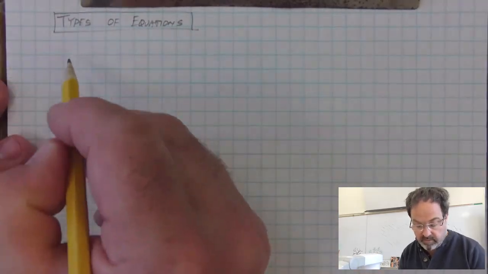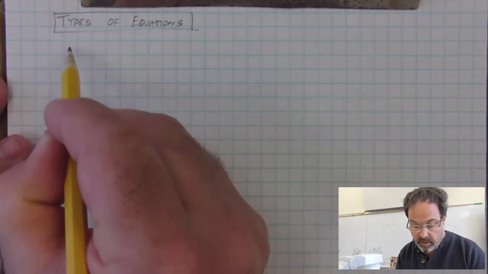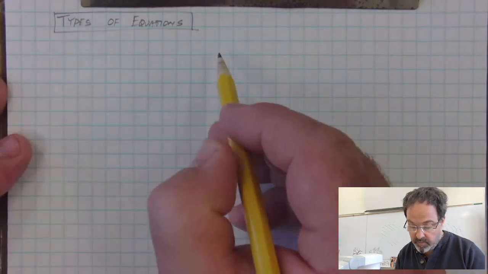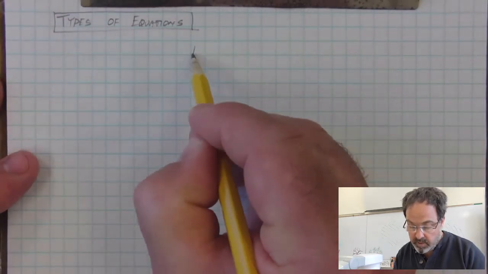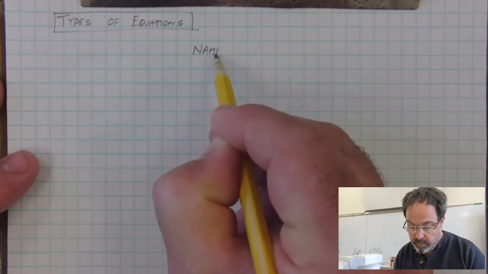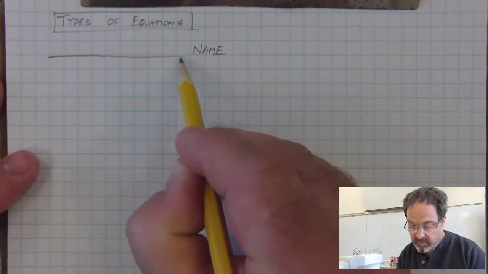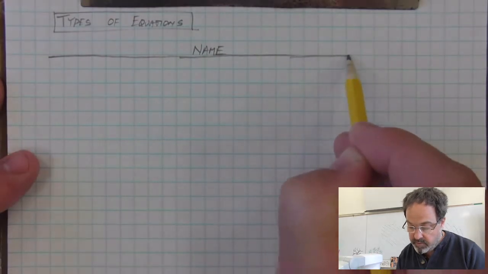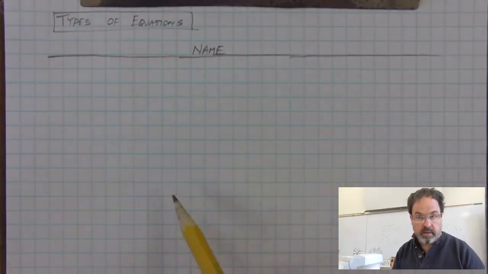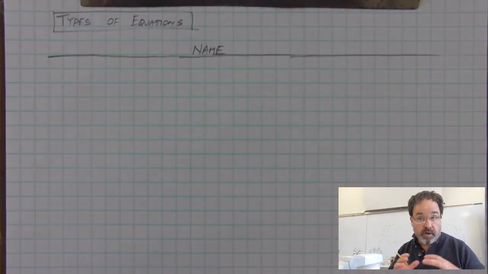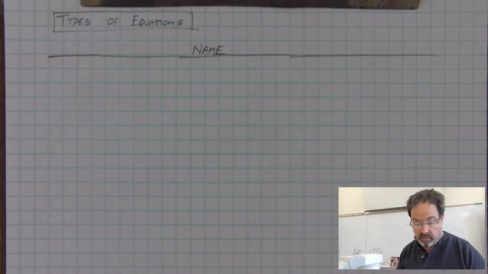We're going to make a list of 5 types of equation. We're going to name them. We're going to think of equations as families of different types. And the name then is the name of the general type of equation.